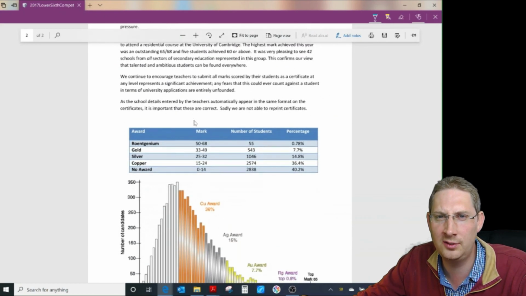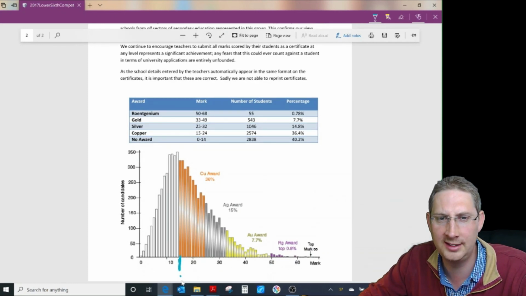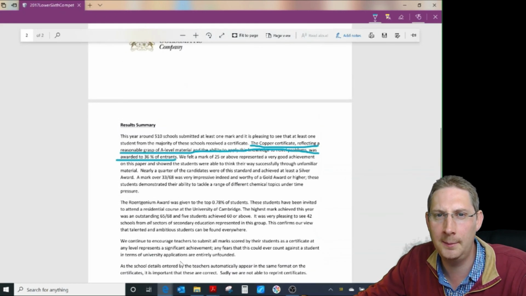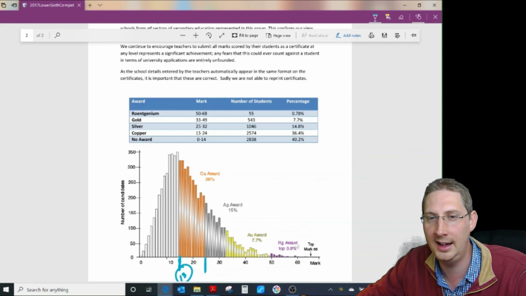And all you needed for that was 12 or 13 marks. Okay, that was really quite low. We felt a mark of 25 or above represented a very good achievement on the paper and showed the students were able to think their way successfully through unfamiliar material. Nearly a quarter of students were there, so 25 would have got you that.